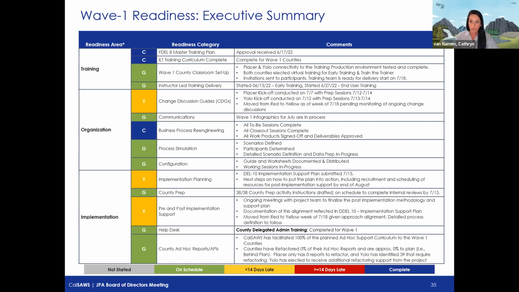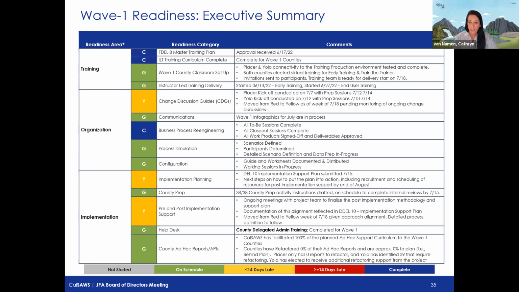For organizational readiness, this is broken down into a few different readiness categories. The first one is change discussion guides. There's communications, business process reengineering, process simulation, and configuration. The first is change discussion guides. And as Rachel had mentioned, RIS 270, and again, this update is specific for Wave 1 counties.